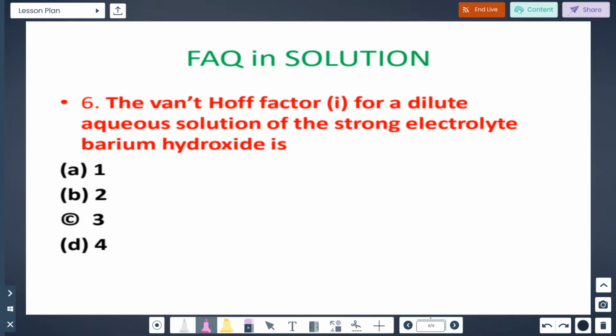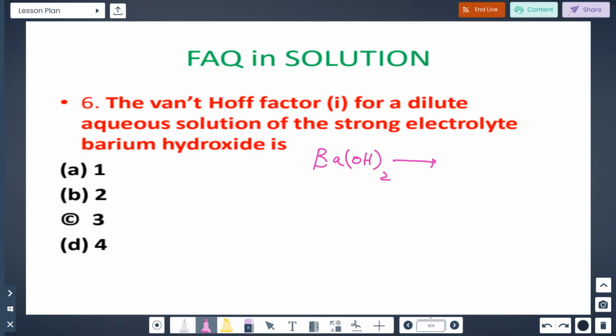Van't Hoff factor for dilute aqueous solution of the strong electrolyte barium hydroxide. They are asking to find out only the Van't Hoff factor. So barium hydroxide. If you put barium hydroxide in aqueous solution, how does it become? What's the formula for barium hydroxide? Ba(OH)2. If you put in water, how does it become?